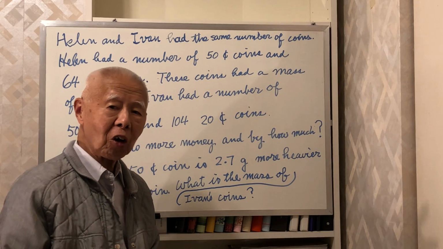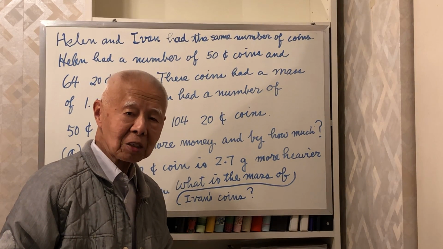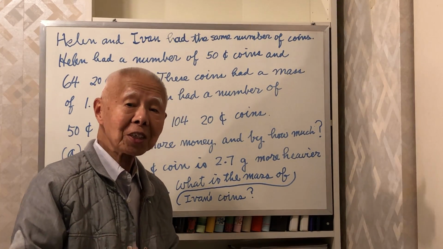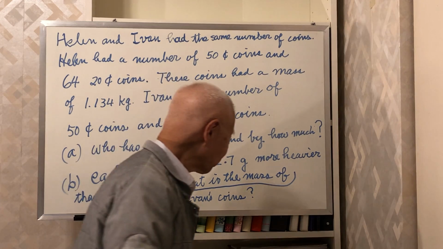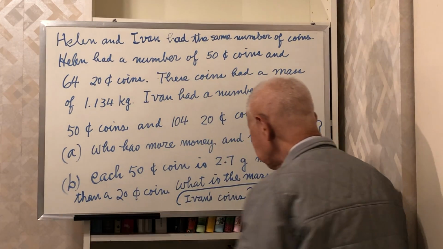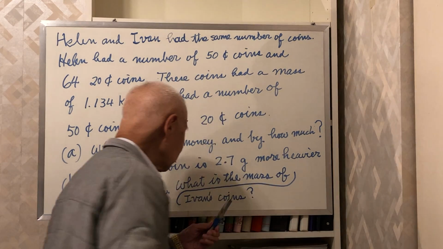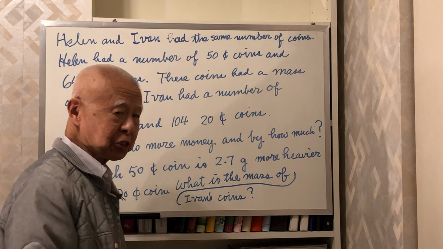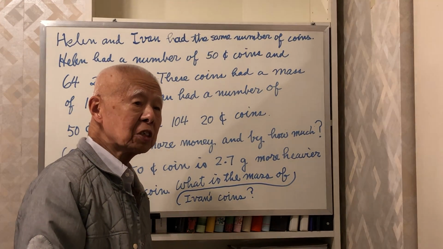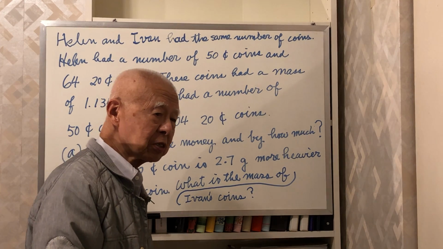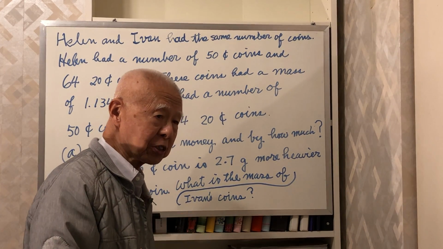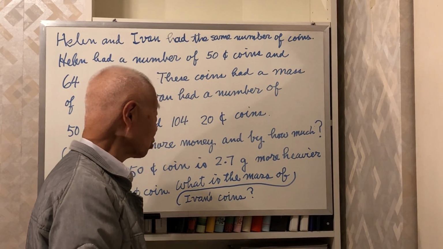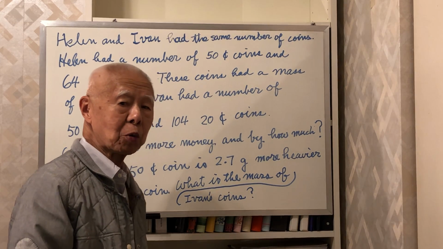The 50-cent coin is 2.7 grams heavier than the 20-cent coin. So what do we want to find? What is the mass of Ivan's coins altogether? Ivan also has 20-cent coins and 50-cent coins. What's the mass of these coins together? Okay, so these are the questions we want to answer.